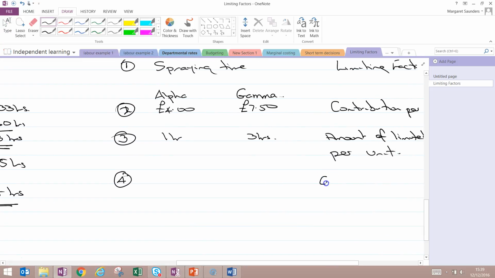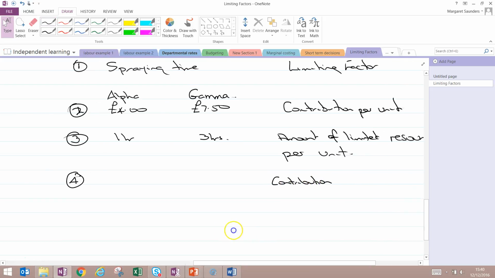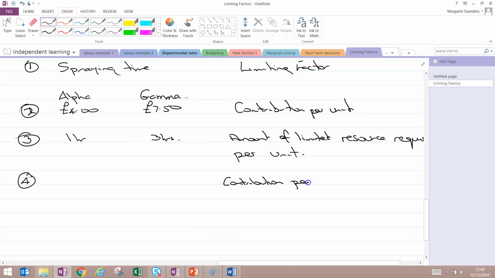So this is the contribution per unit of limiting factor. And it's actually step 2 divided by step 3.